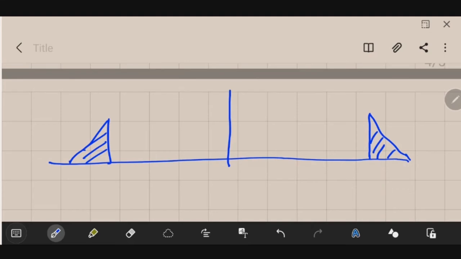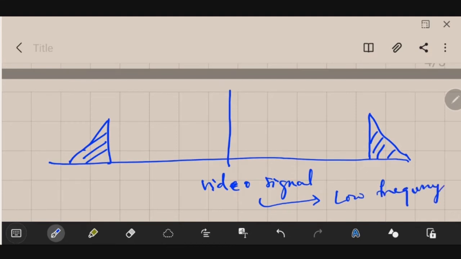If you have a video signal, video signals have many really low frequency components, so generating single sideband of a video signal is impossible.